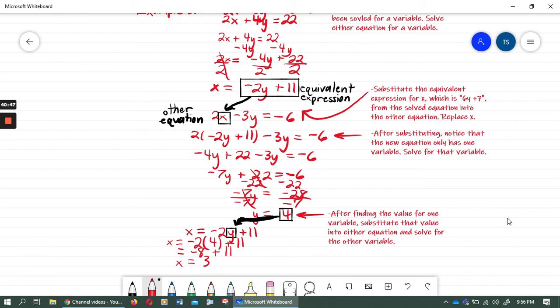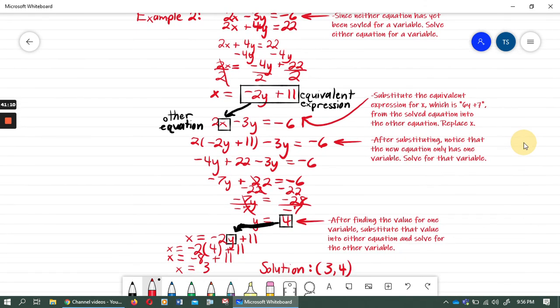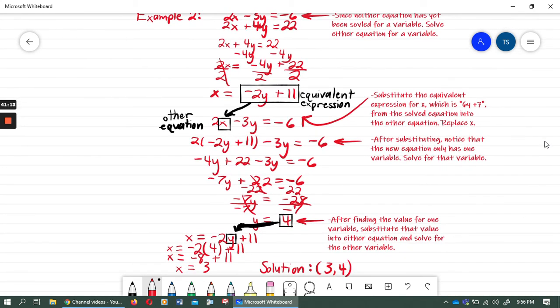So that is the x value. The x value is +3, the y value is 4, which means that the solution here is the ordered pair (3, 4). Alrighty, so there we go.